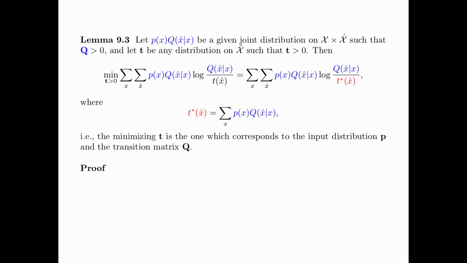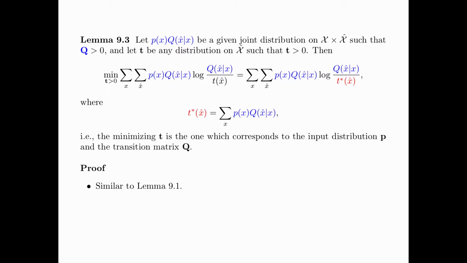Then the minimum over all T strictly positive of the summation over x, x hat of P(x) Q(x hat|x) log Q(x hat|x) divided by T(x hat), is attained by T star of x hat equals the summation over x of P(x) Q(x hat|x). That is, the minimizing T is the one that corresponds to the input distribution P and the transition matrix Q.